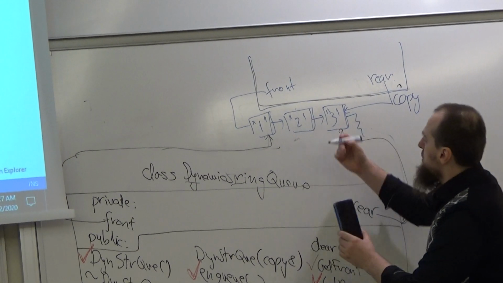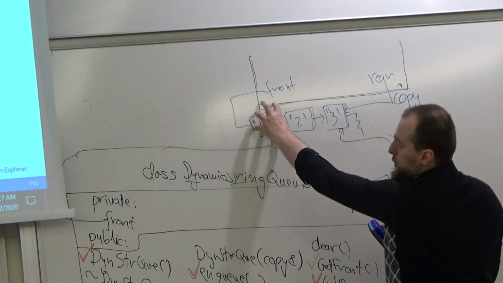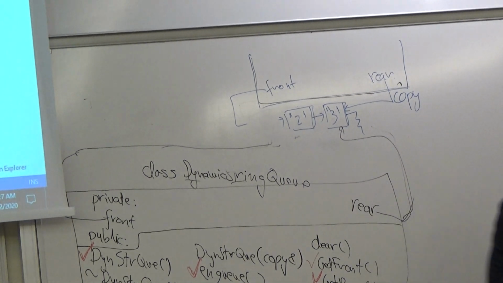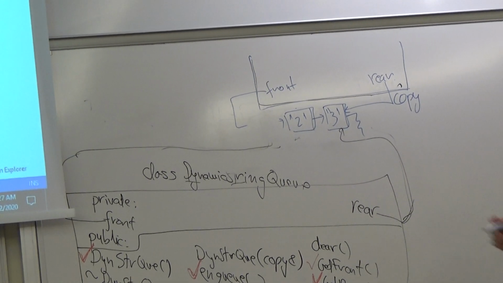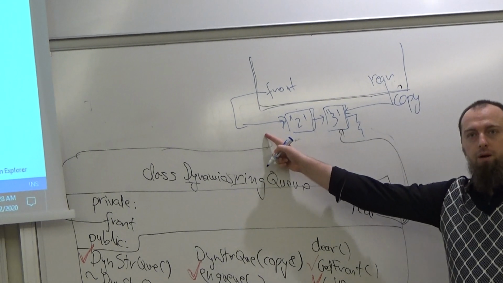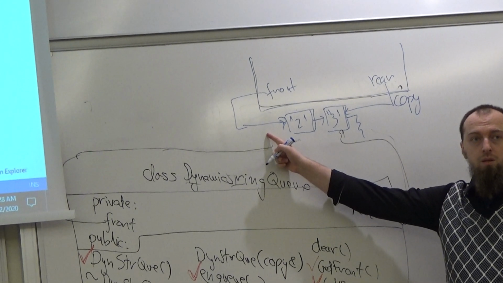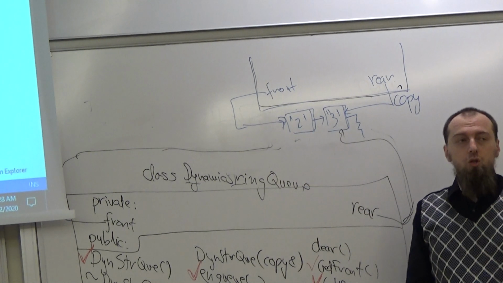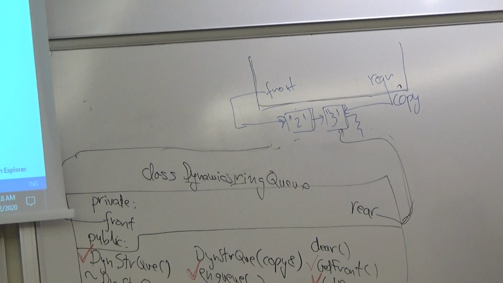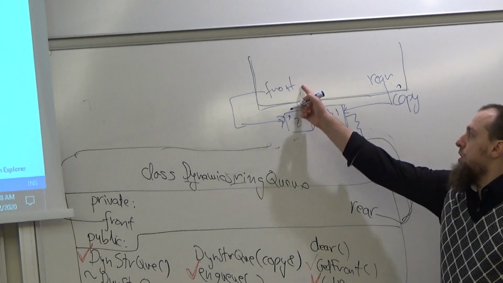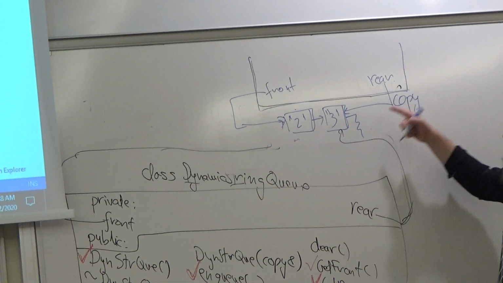If this guy is going to dequeue this element, it's going to point, as we saw, to the next element. So now front is pointing where? Nowhere, right? And it's a mistake. That's why usually we don't want to make shallow copies. Otherwise it's very easy. I just say front is equal to copy front, and rear is equal to copy rear.